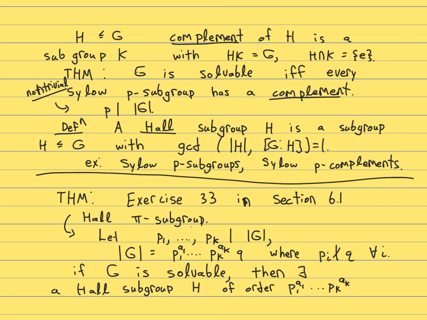So this is stronger than the Sylow theorem because you're no longer talking about just powers of one prime, you're talking about products of powers of primes. Just like the Sylow theorem, though, you can't pick any arbitrary power. The only powers you can pick are the highest powers such that that prime divides the order of G.